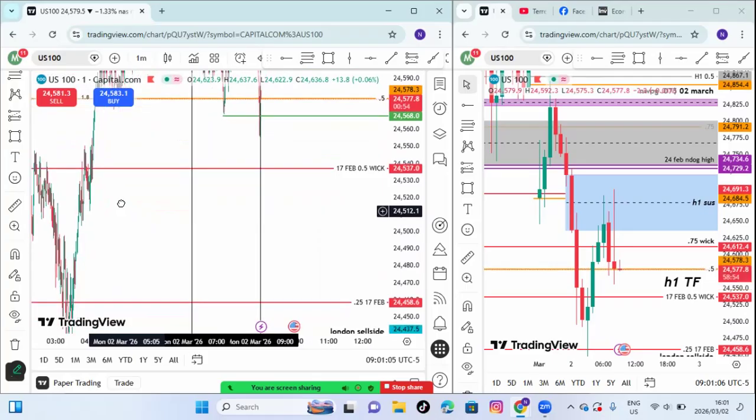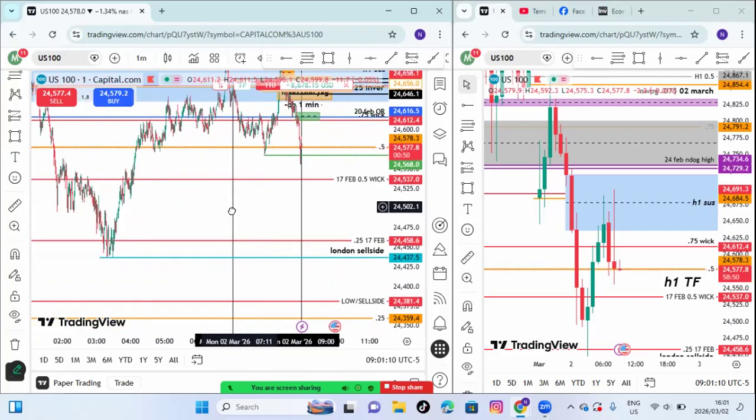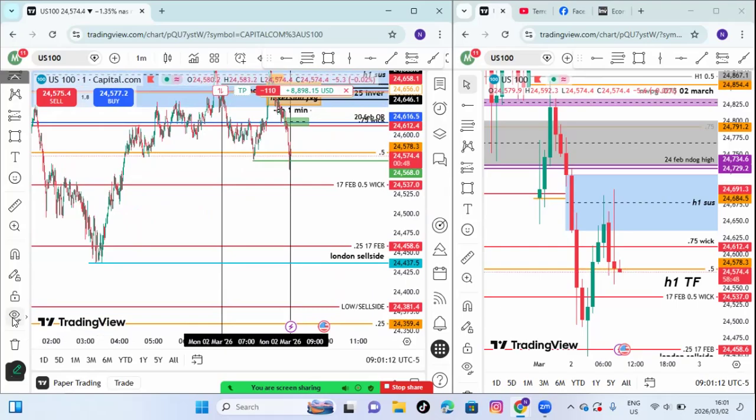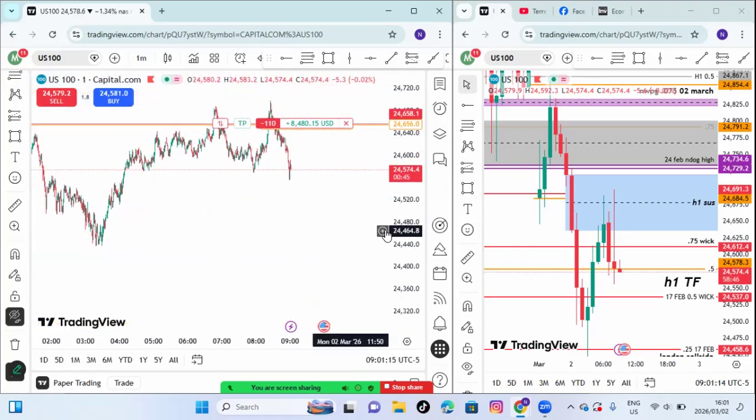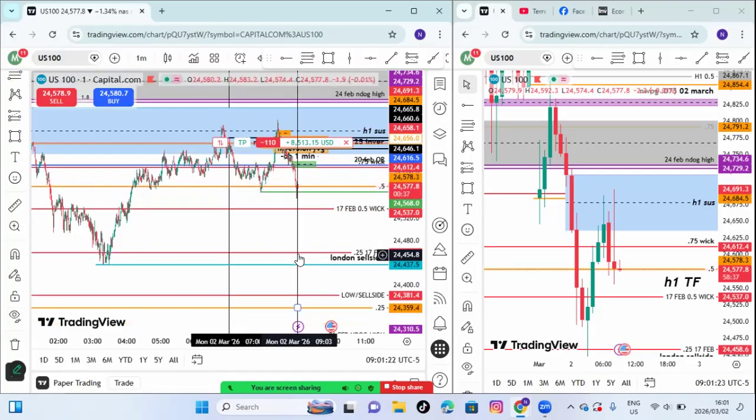Oh my God. And we have London sell side down there. So London sell side is just like there. So let's go.